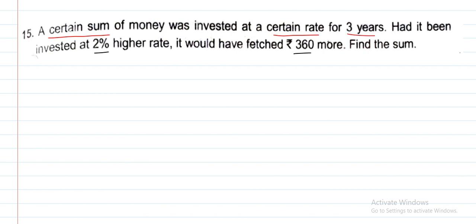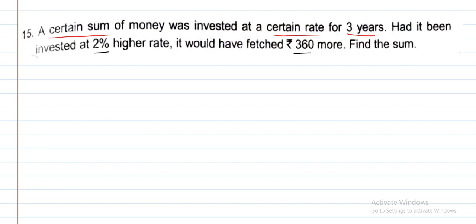If the interest rate is 2% higher, it would have fetched rupees 360 more. That means the simple interest will be 360 more. So you have to find the sum.